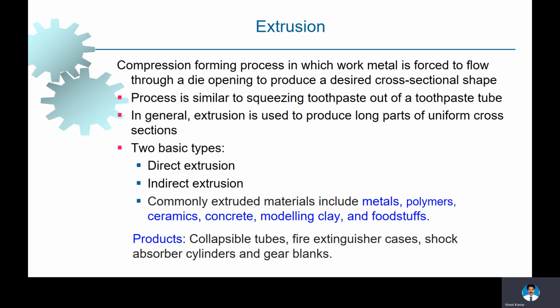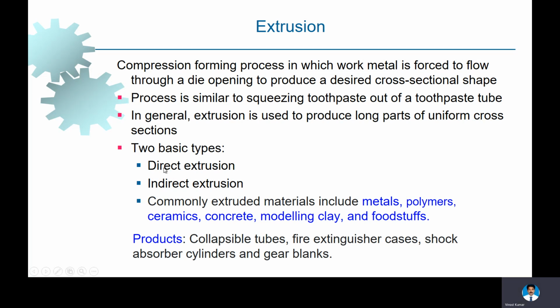When you force it, it will come out through the opening and it will have the shape of the opening. So such a production method, where we force the metal through a die opening which has the same shape as the product to be produced, we call extrusion, and normally we produce uniform cross-sectional products.